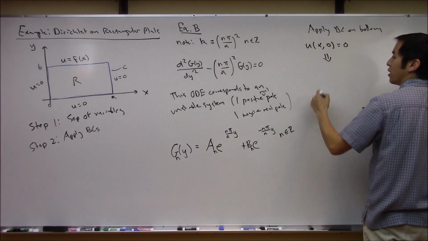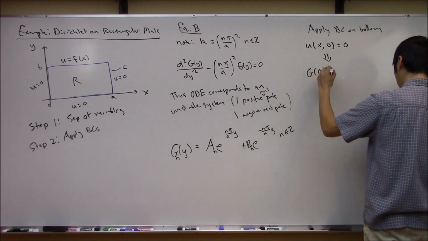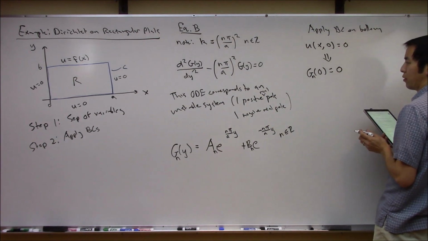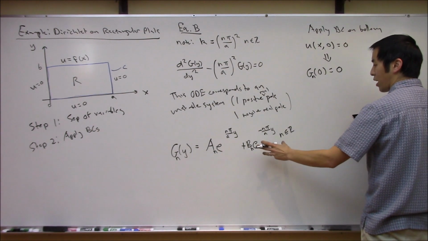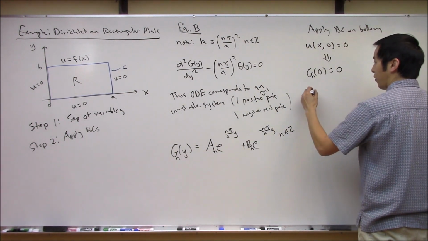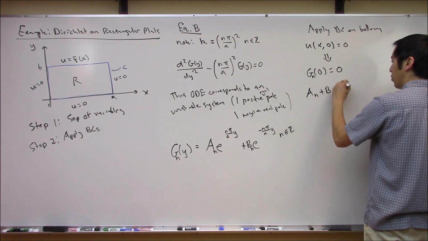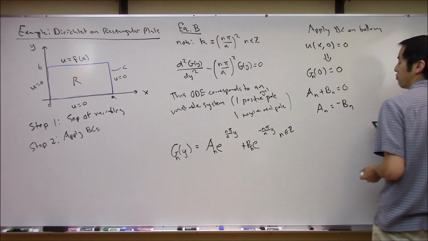So that has a restriction on g of 0. This had better equal 0, or g sub n of 0 had better equal 0. Let's plug this in. When y is equal to 0, we have an plus bn has got to equal 0. In other words, an had better be the negative of bn.